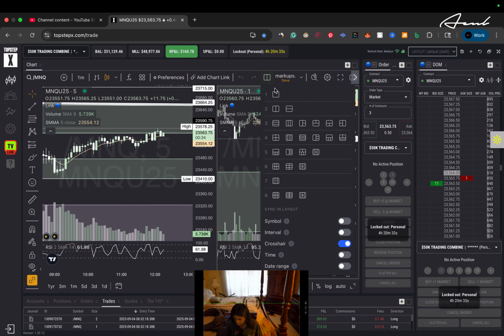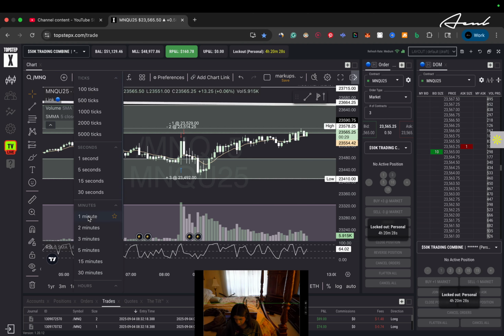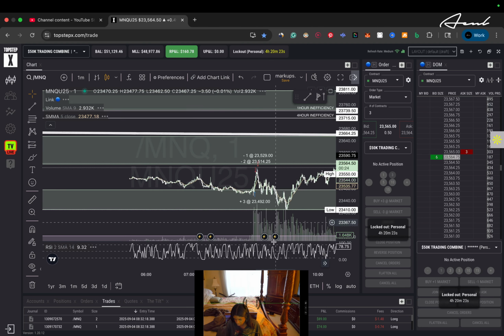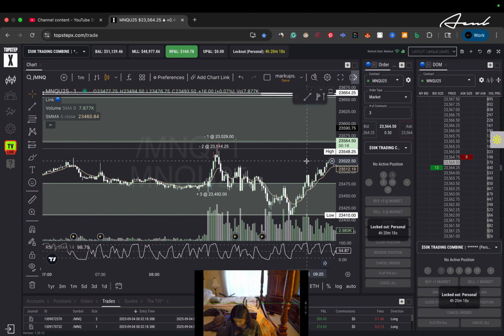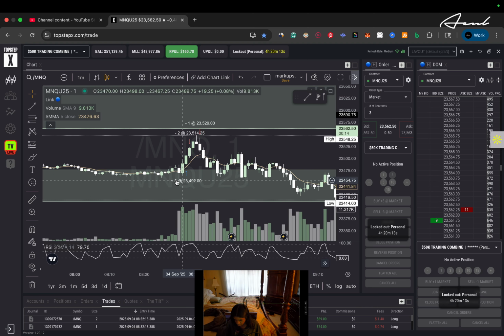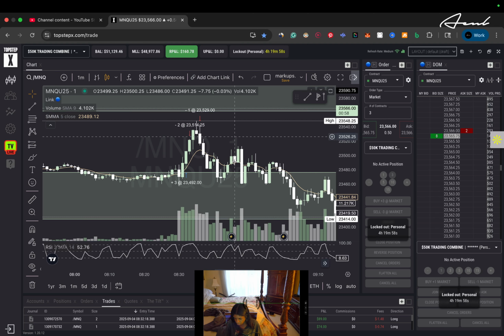Okay, basically right here is where I got in this morning. You can see I went in for 3 lots right there, coming off of this zone, and then took partials right there, basically 2 contracts, and then closed out right there at the top, just before it hit that zone.